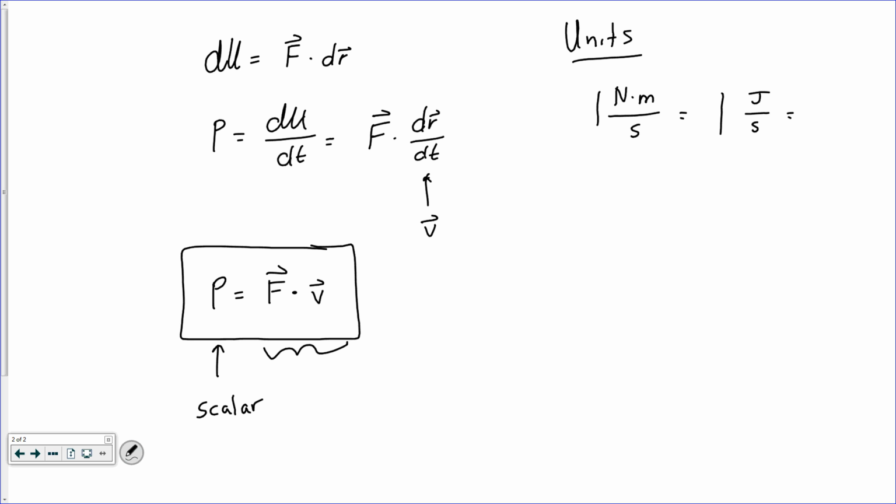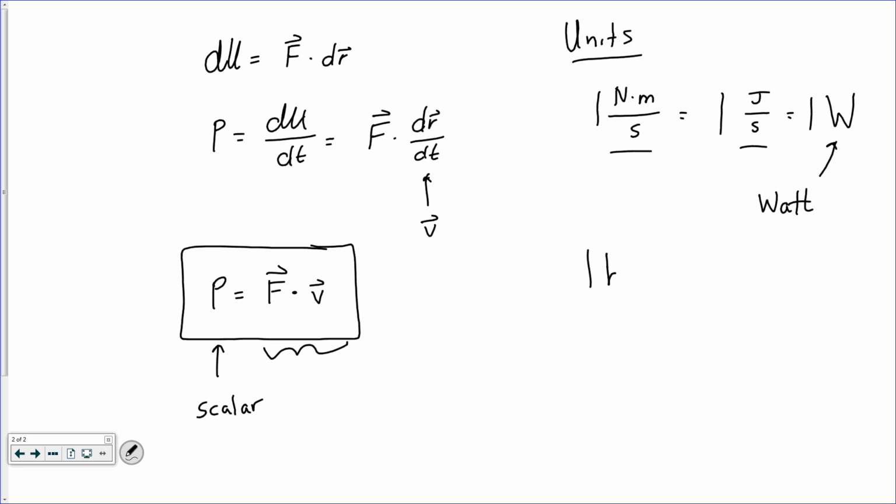And 1 joule per second is known as 1 watt, capital W, watt. Okay? So if you ever see a capital W, that indicates it's a watt. 1 watt is equal to 1 joule per second. It's equal to 1 Newton meter per second. In English engineering units, of course, we do things a little bit differently here.